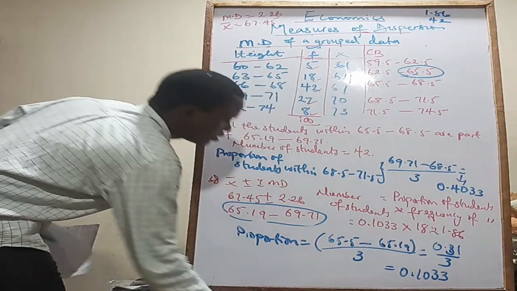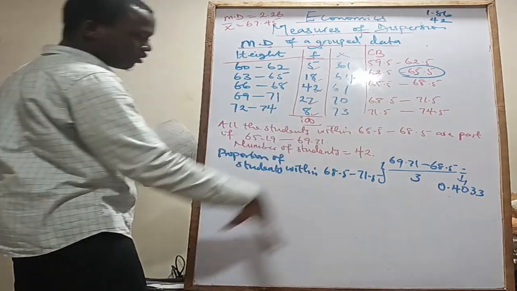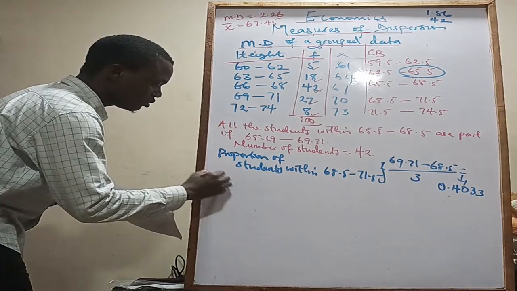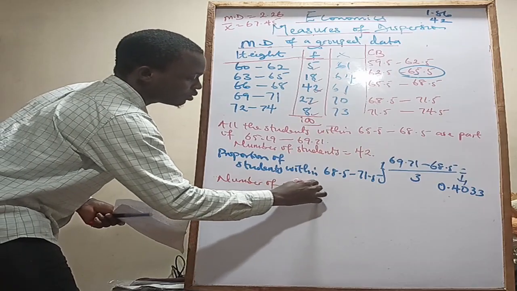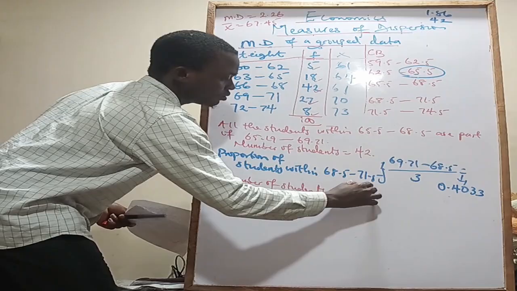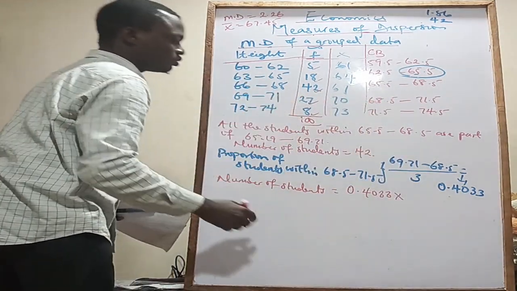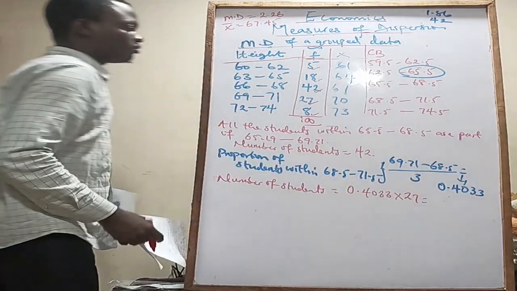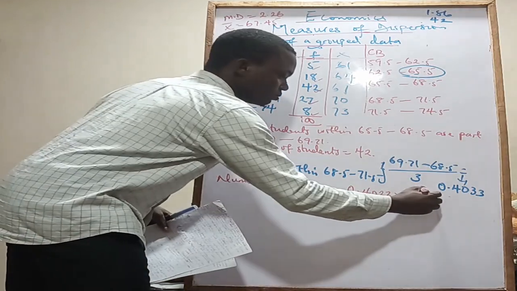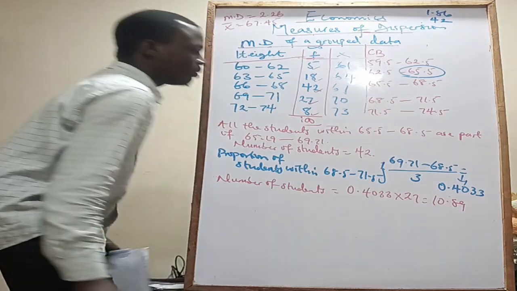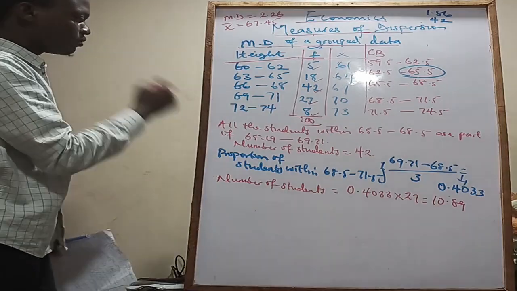The number of students in this interval that fall within our own interval will be equal to the proportion of those students, 0.4033, multiplied by the frequency, which is 27. 0.4033 multiplied by 27 is going to be 10.89. So we are done, because we've exhausted the interval.